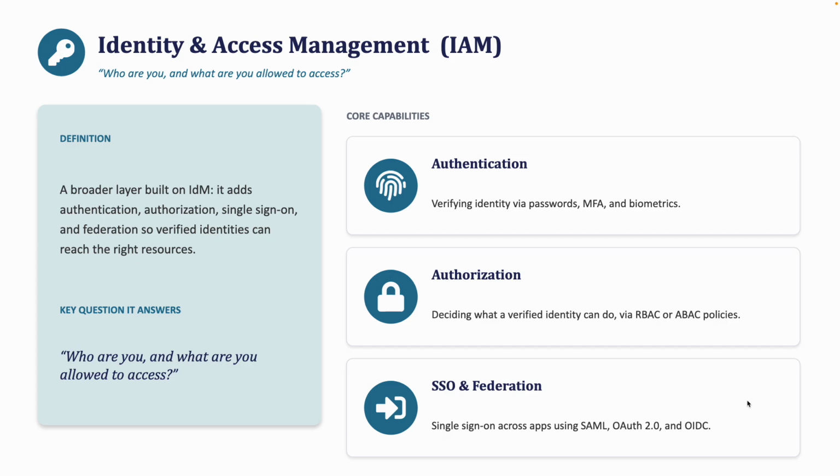Authentication is the process of verifying identities, typically via passwords and other mechanisms like biometrics, such as fingerprint and face recognition. Authorization is about deciding what a verified identity, a user or an agent, can do. You would have heard of the terms RBAC and ABAC.